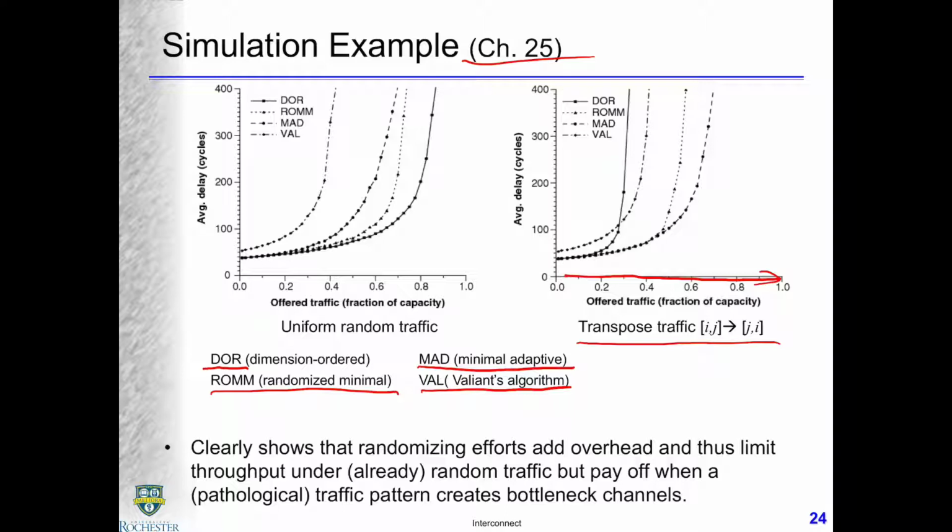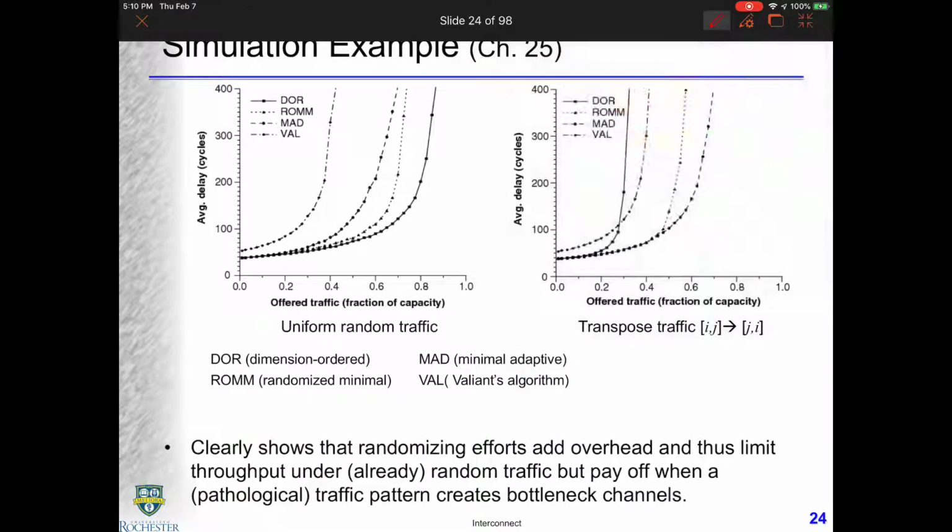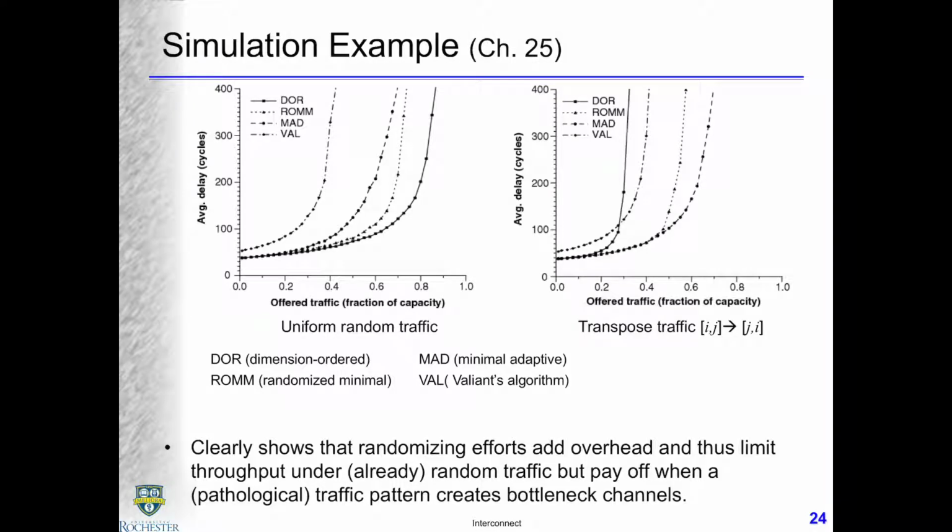So what is a good curve? A good curve hugs the axis. That means it's low latency, and it can support a lot of traffic until it saturates. Okay, so that's the idea. Now let's look at this and see what makes sense, what is good. So you can already tell.